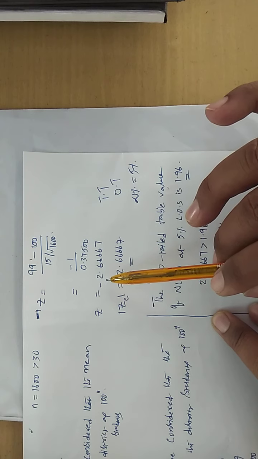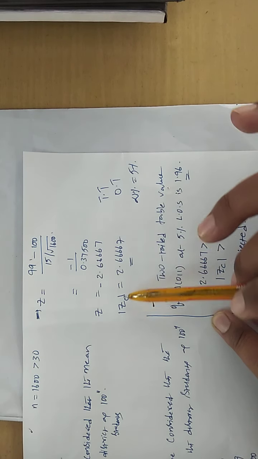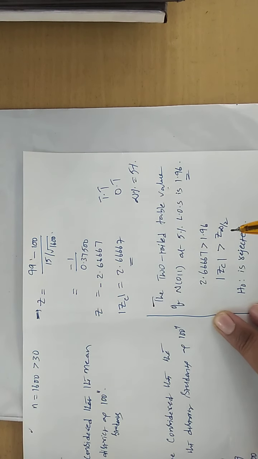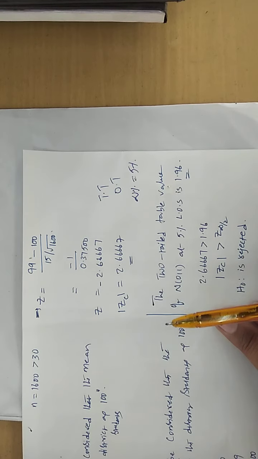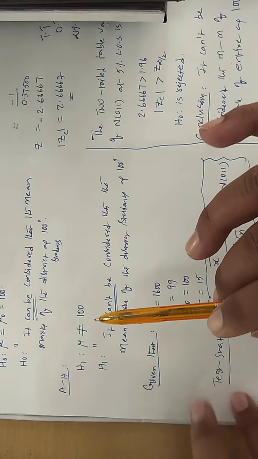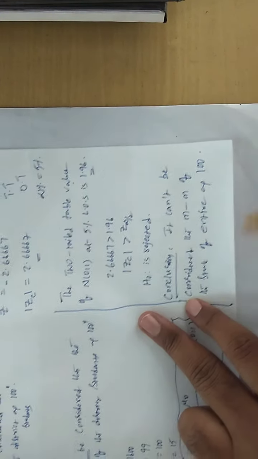So here it has given a negative, but we need to consider positive only. So you put modulus of ZC, which becomes 2.467. This is a two-tailed table value because the test statistic is not equal to. Alpha value is given, 5%, 10% like that.